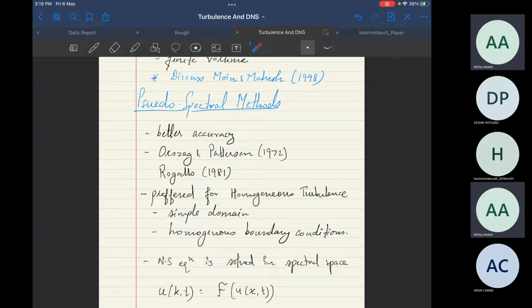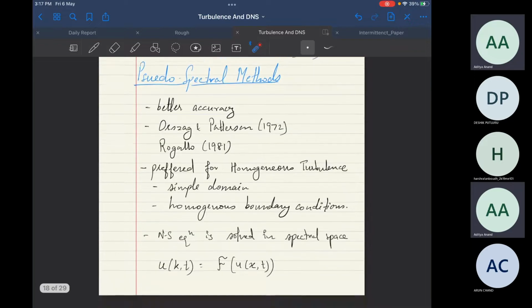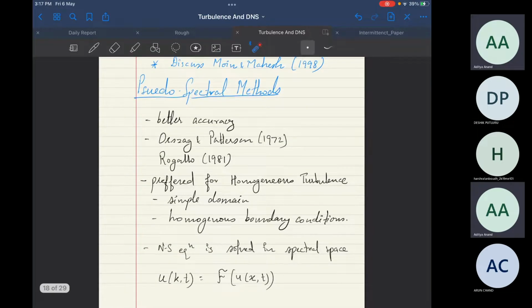In spectral methods you'll be solving your Navier-Stokes equation in Fourier domain, and for the Fourier transformation process, your boundary conditions have to be homogeneous. So these are the two conditions, and the Navier-Stokes equation is solved in Fourier space. So what we do is we solve for u-hat of k and t.